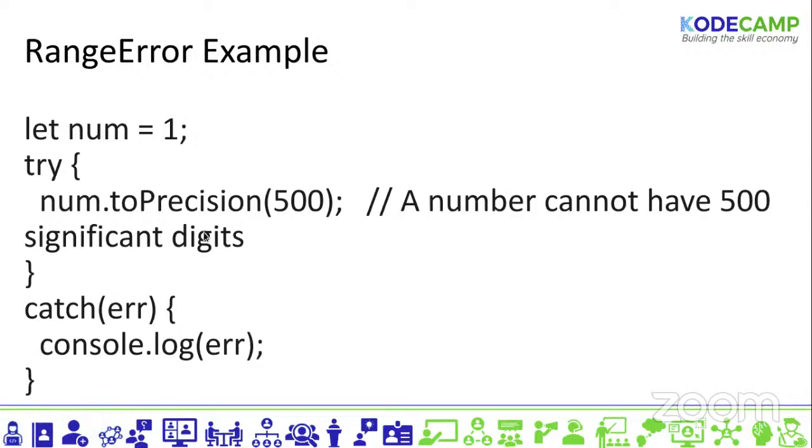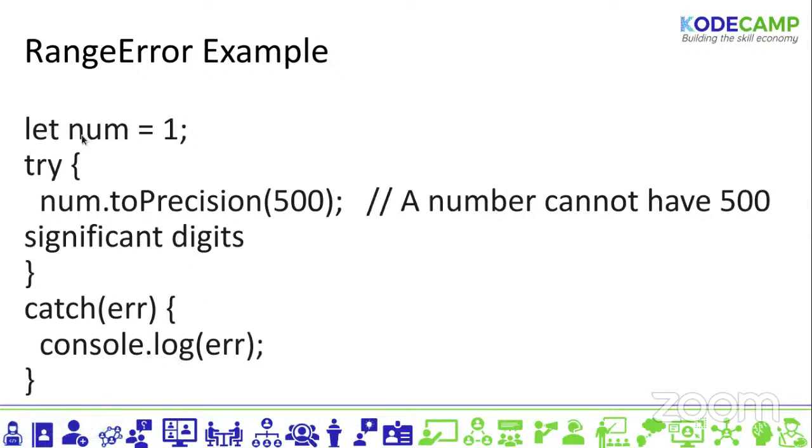Now here we are passing num and calling toPrecision with 500, trying to make it precise to 500 significant digits. Since a number cannot have 500 significant digits, an error will be thrown.